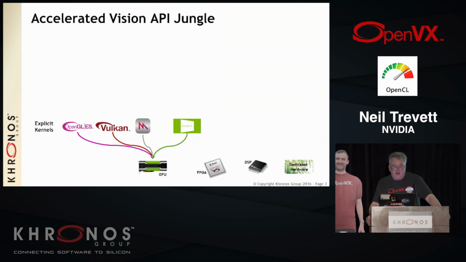So we have a number of APIs that I'm sure you're familiar with: OpenGL ES, Vulkan, Metal, DirectX 12. And I should clarify, not all of these APIs, of course, are Khronos APIs. We're going to dive down into a little bit more detail into some of the Khronos APIs. But again, we're trying to give a straightforward overview of the APIs that are out there. So of these four, obviously OpenGL ES and Vulkan are the Khronos APIs. Metal is from Apple, and DX12 is from Microsoft.